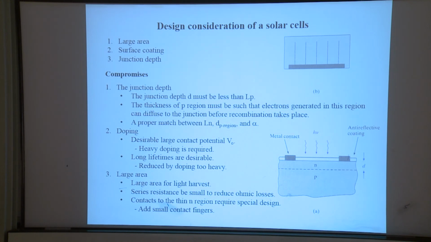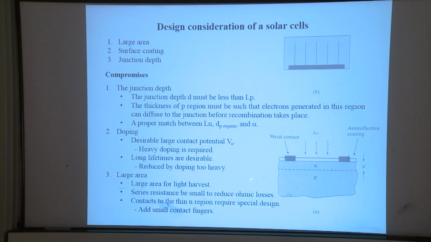Okay, so this is just the fabrication of a solar cell. Basically, you get a P-type silicon wafer and diffuse some N-type materials on it, so you will form a PN junction.